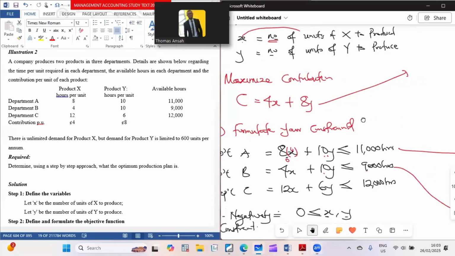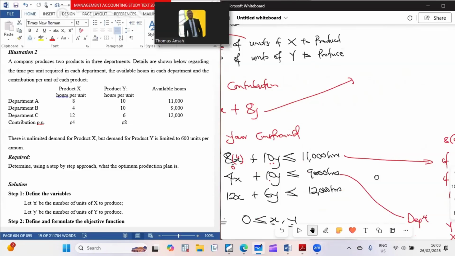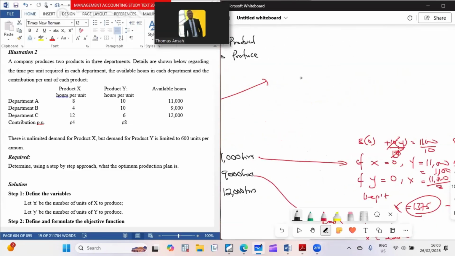So now let's look at the contribution equation. Let's assume this is our equation, 4x plus 8y. It's all based on assumption. Now, if I tell you that I'm producing 8 of x, then here will be 8 units.